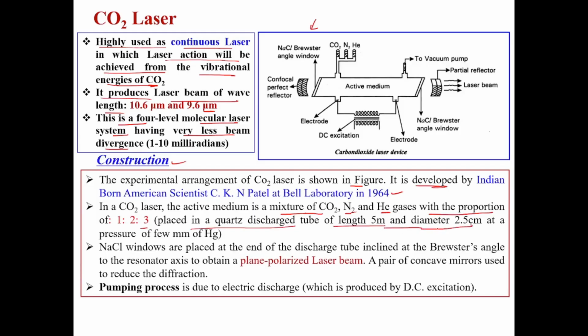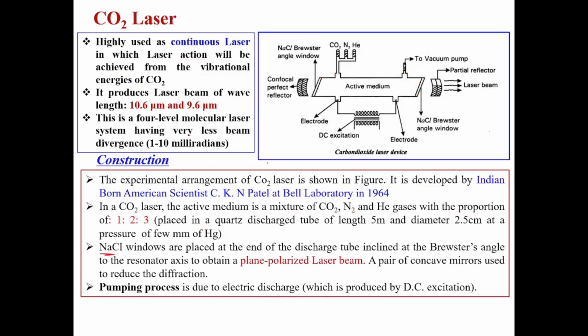diameter 2.5 centimeter. So this length is your 5 meter, and the diameter of this discharge tube is around 2.5 centimeter, at a pressure of a few torr of mercury.